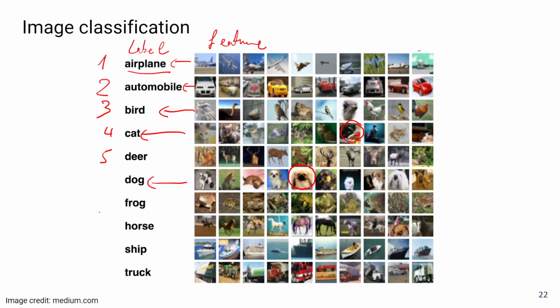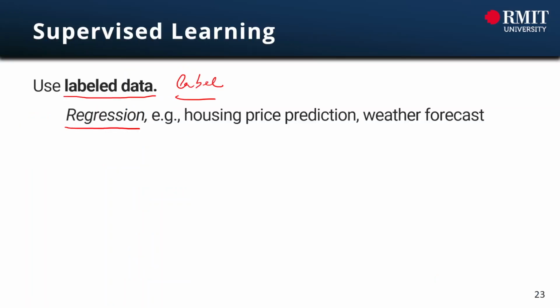So the label in classification is a discrete number, a whole number. You will never need to predict that an image is 5.4 or 3.7. Your output is always 1, 2, 3, 4, 5. So we call it classification when the label is a whole number.